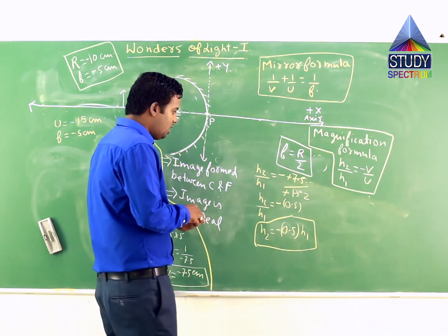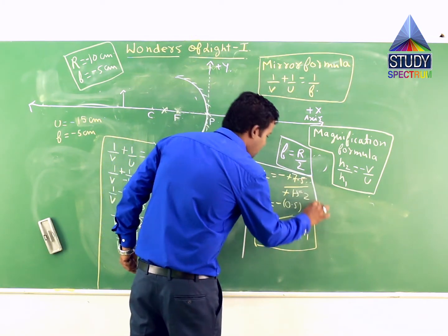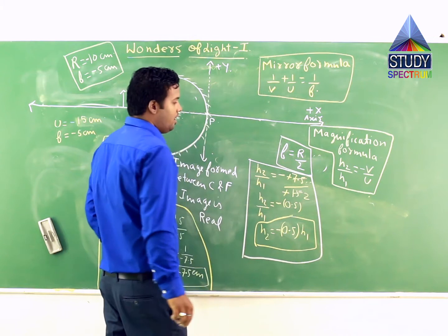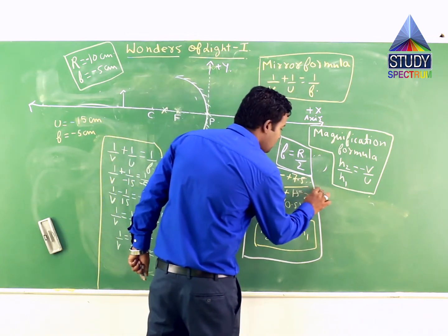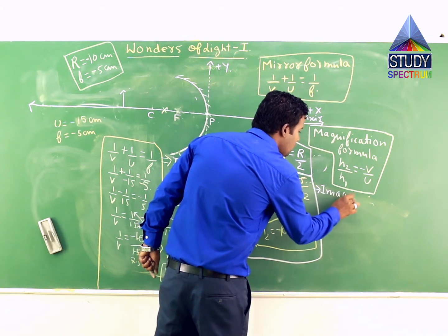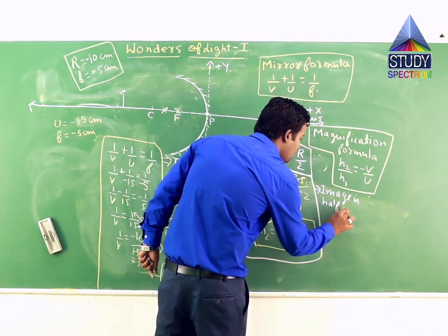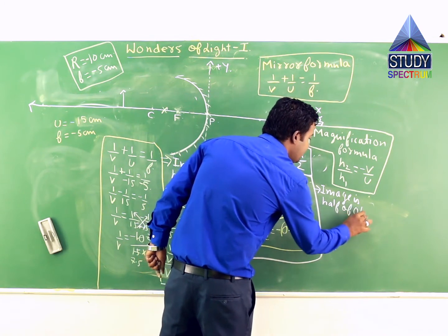Since the multiplying factor is less than 1, height of image should be less than height of object. So the very first result we get from this magnification formula is: the image is half of the object height.